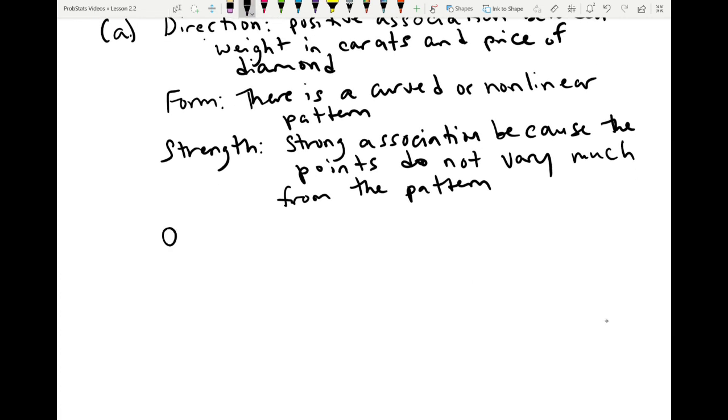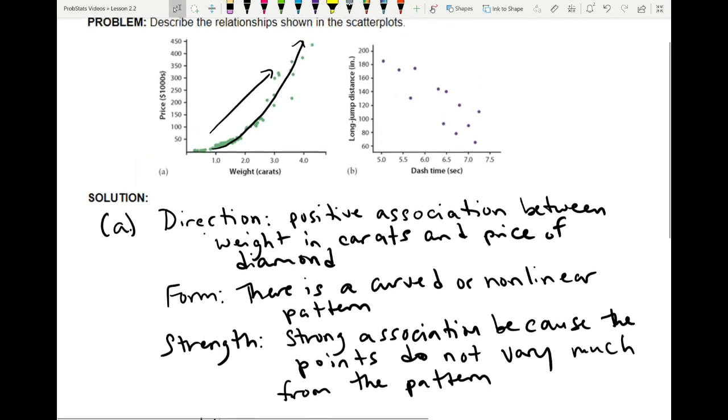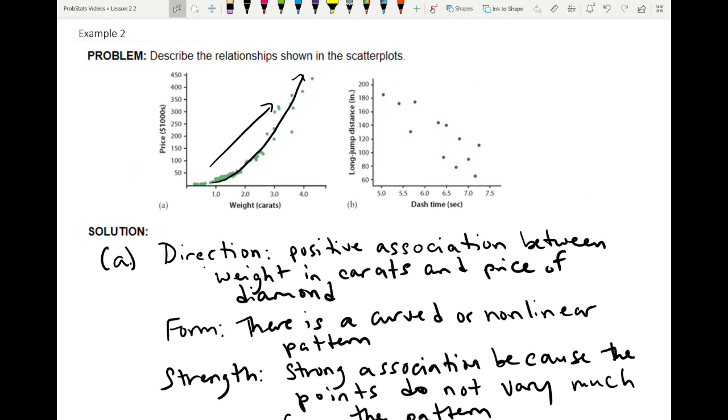All right, now let's talk about outliers. Are there any outliers? When we're talking about outliers, we want to see, are there any points that stray very far from the curve? If you look at the curve, there's not any points that stray very far from this pattern.